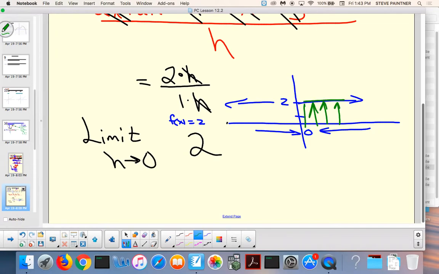You're coming in from the right, you're coming in from the left, you're hitting this point, 0, 2. The limit is 2. I did one of these on day 1. I said if you ever have the limit of a number, the limit is the number. Probably don't remember.